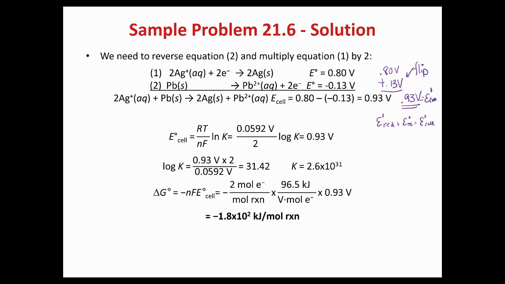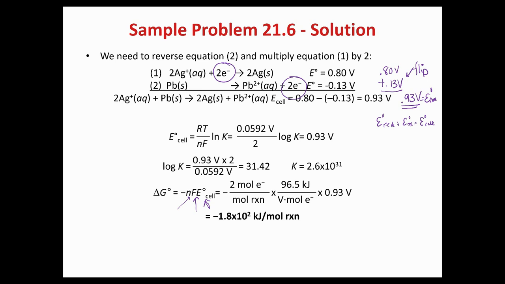Okay, so the question was, what is delta G? What is K? For the delta G naught, we look up here, we have 2 moles of electrons being transferred, so N is 2. You have F for Faraday's constant, and then you have E naught of cell.